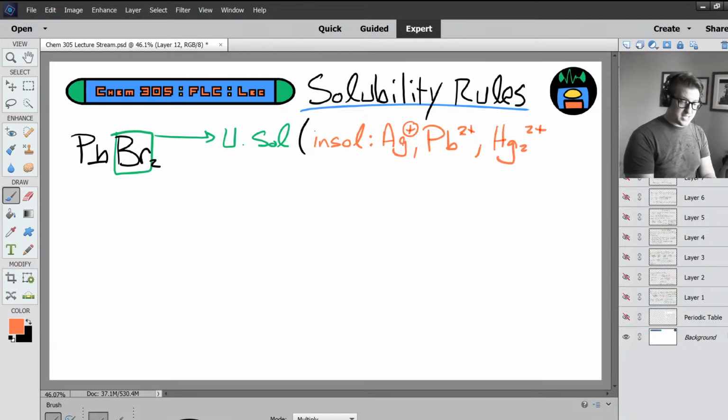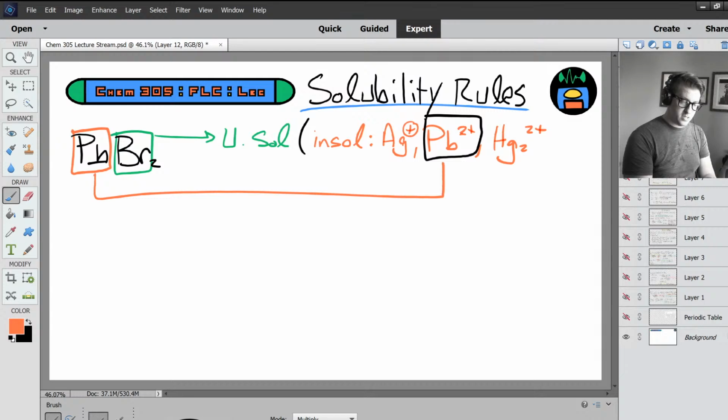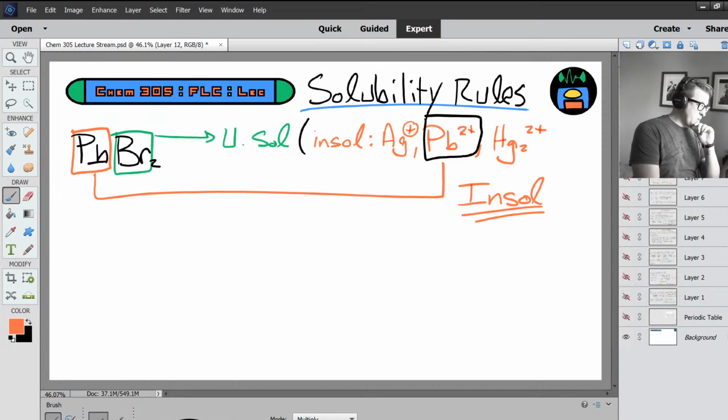And what you'll notice is it's insoluble with lead 2, and that is the ion that we're paired with. So this is insoluble. Bromide is usually soluble, but this is paired with one of the exceptions. All right?